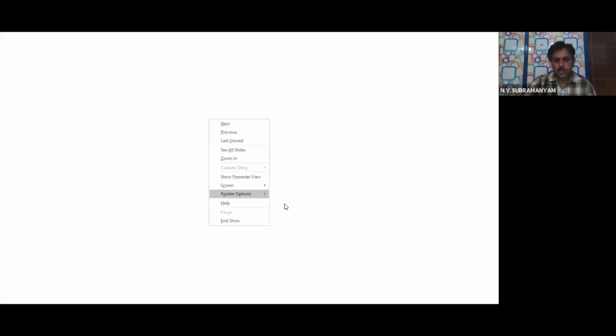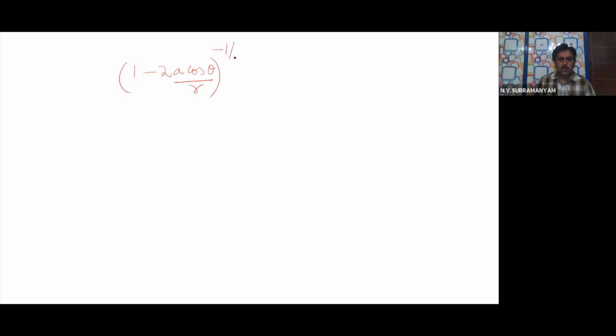What were we trying to calculate? 1 minus 2a cos theta by r whole power minus half. I want to know how to do this. For that, the formula: 1 plus x whole power n is 1 plus nx plus n into n minus 1 by 2 factorial x square, and so on.